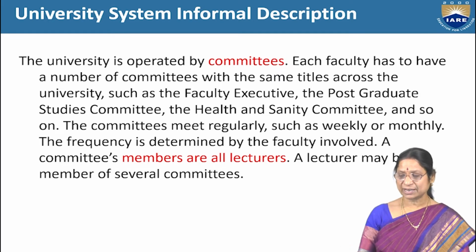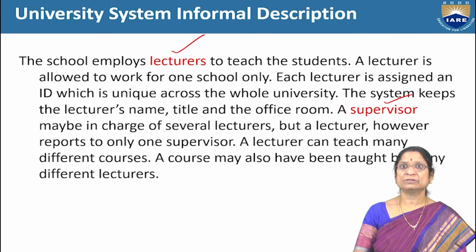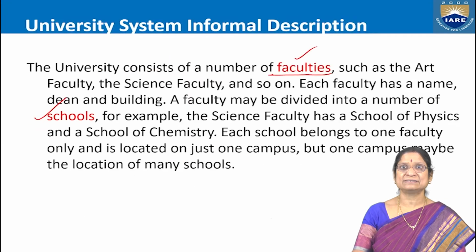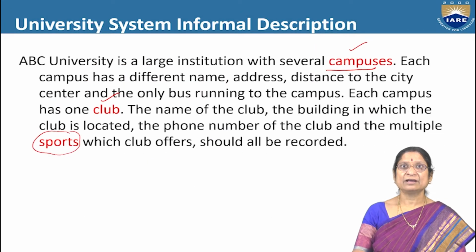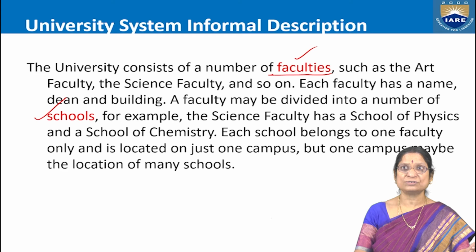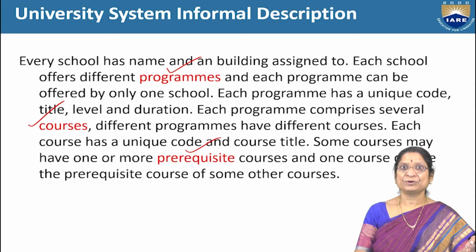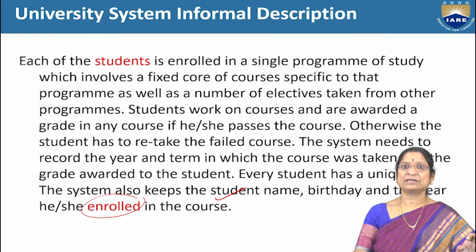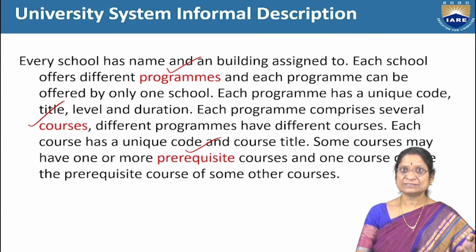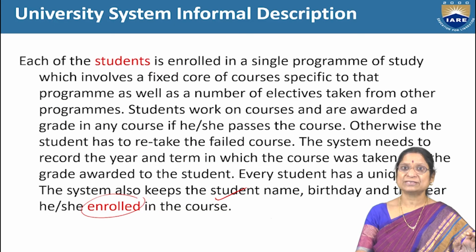So what are the things we have considered till now? This university system consists of the data related to campus, clubs, sports, faculties, schools, programs offered by each school, and courses under each program, prerequisites related to the courses, about the students, and enrolled or registered for certain courses.